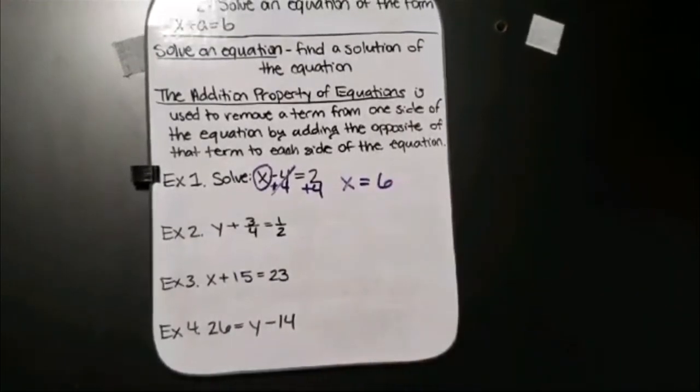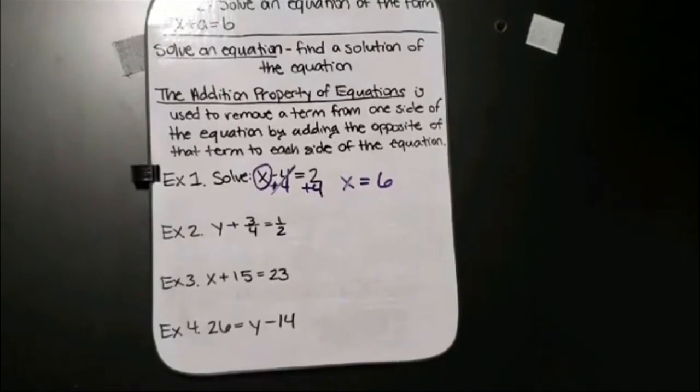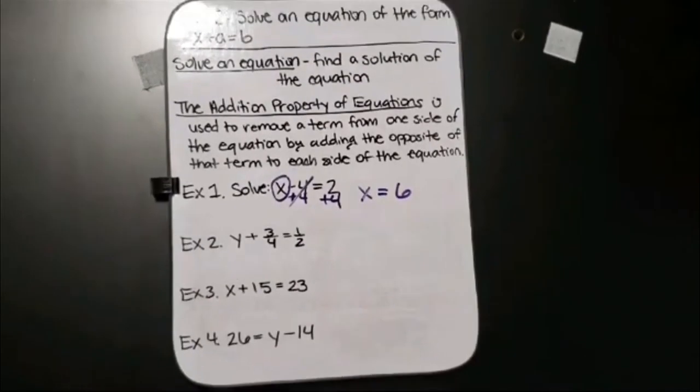Okay? So it's very important for you guys to understand how this works, because eventually we're going to have a lot of different things on the left and the right side that we will eventually have to simplify and all of that. So I really want you guys to get a good grasp of this in the beginning.